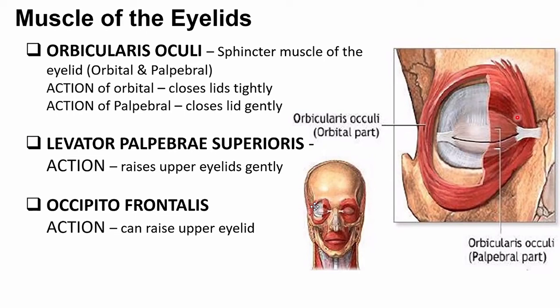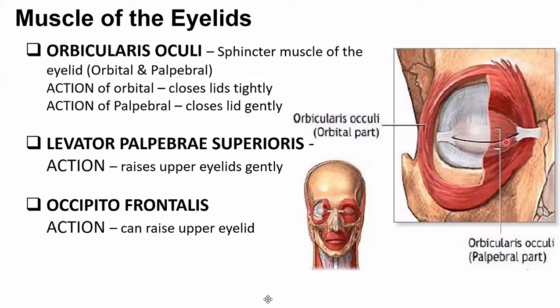For the action of the orbital, those muscles around your orbits, if you use that muscle, you actually close the lids tightly. Talagang pinipikit mo yung mata. The action of the palpebral naman, it closes the lid gently. It's just closing your eyelids. That's part of orbicularis oculi.